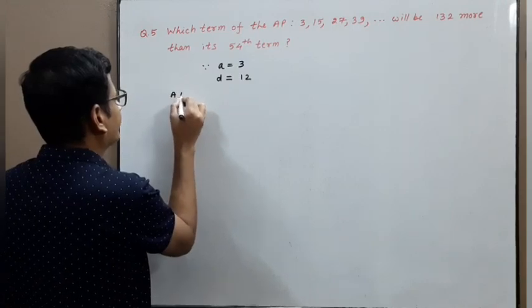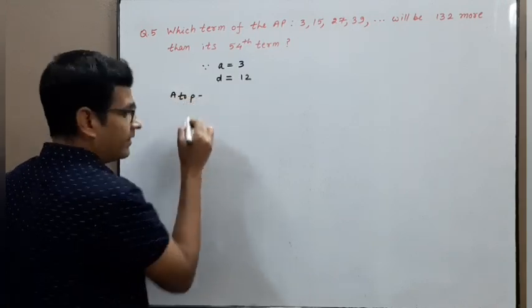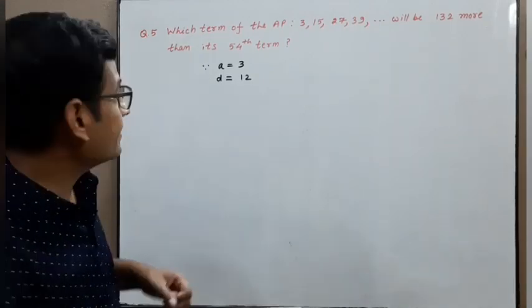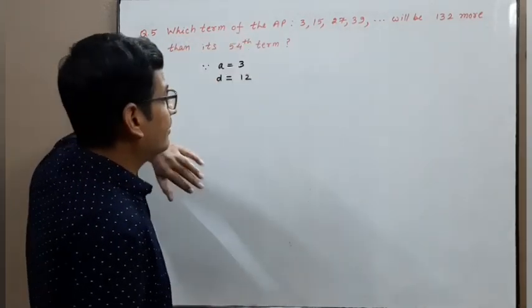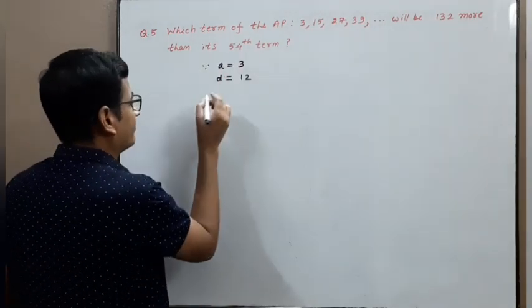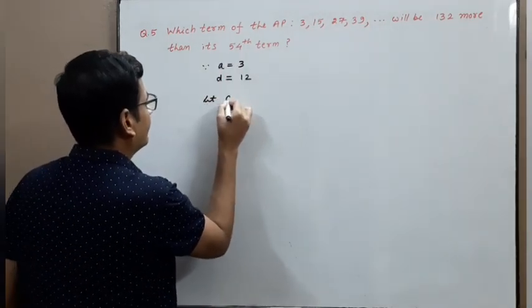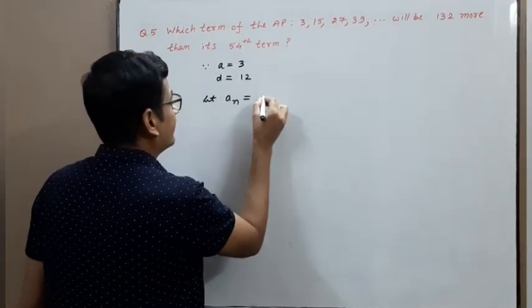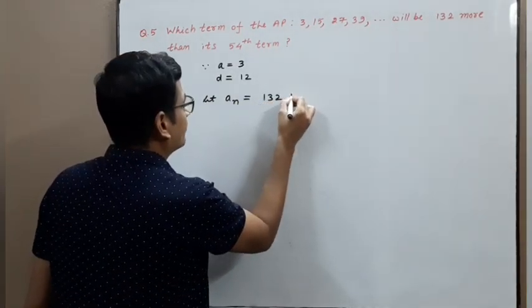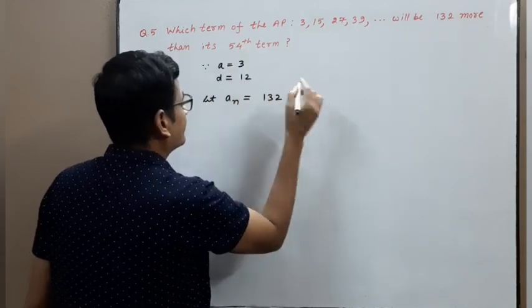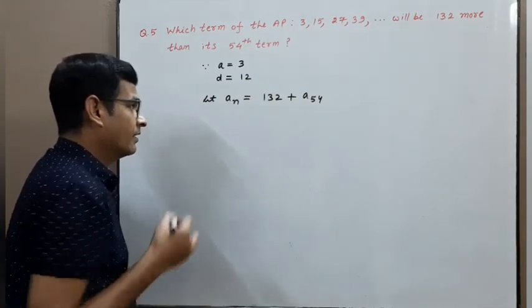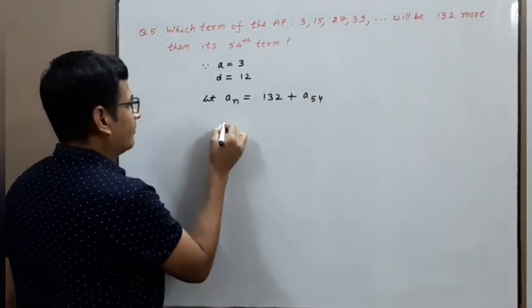According to the problem, the question is, which term of the AP will be 132 more than its 54th term? So let the nth term be equal to 132 plus the 54th term, A54. Now apply the formula.